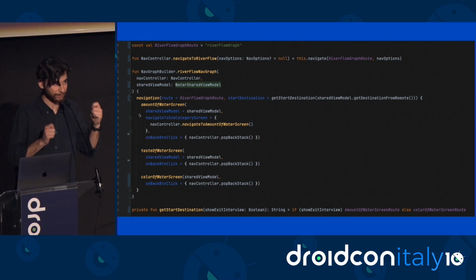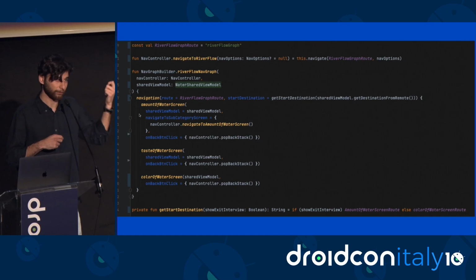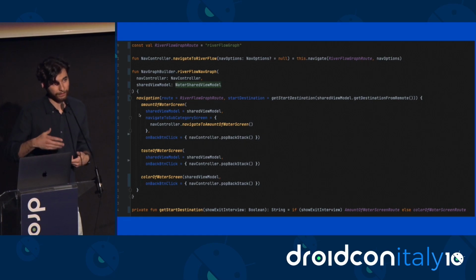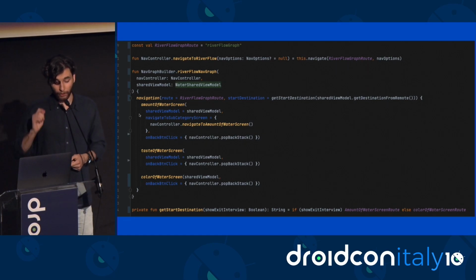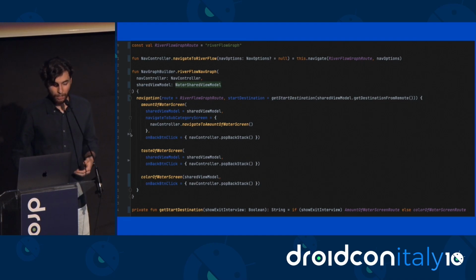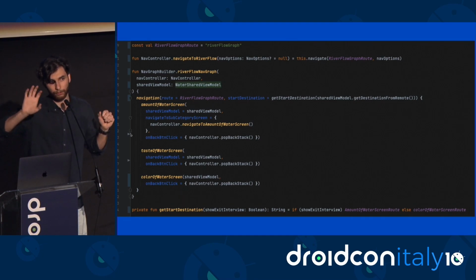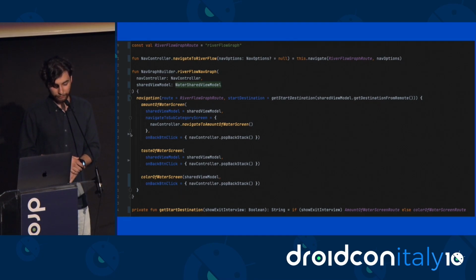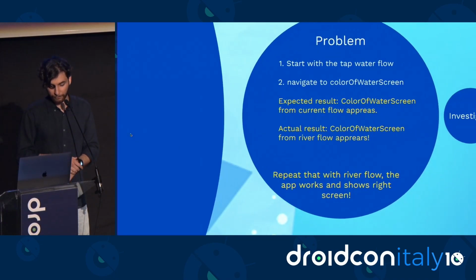It is basically the same extension functions that we created, so it is the same code. They had the same route, they had the same argument. The only thing that is different is the callbacks that we pass to each screen. So one screen from one flow takes us to someplace else, and one screen from the other flow takes us to another place. That's the only difference, but everything else is the same.